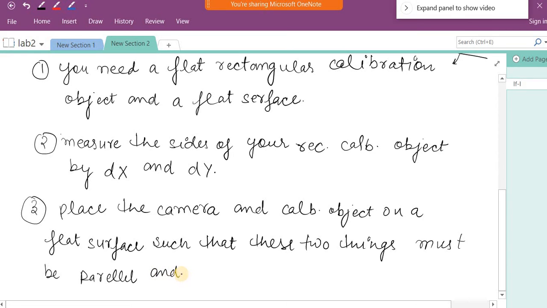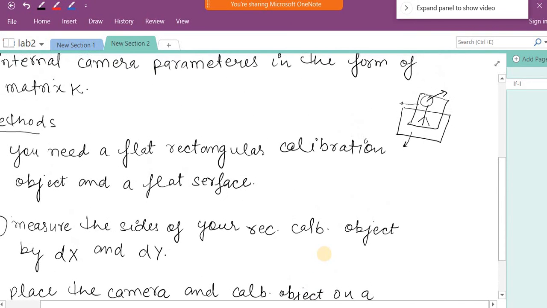Parallel, and what I was writing: such that these two things must be parallel to each other. How is it parallel? The camera position can be in two manners.